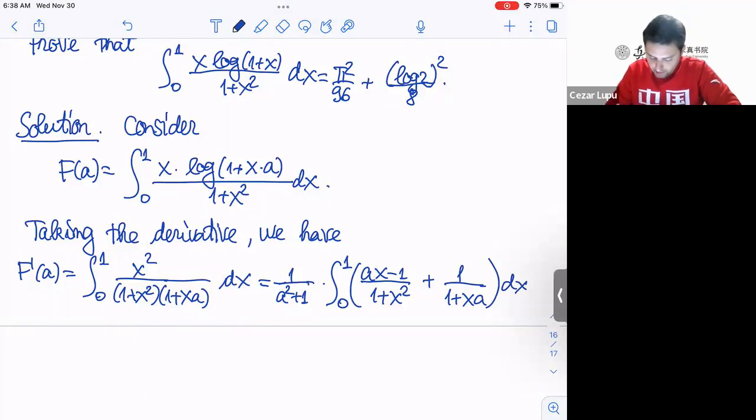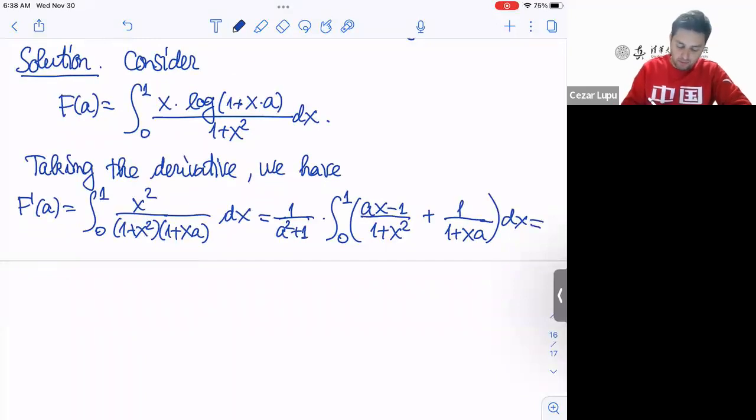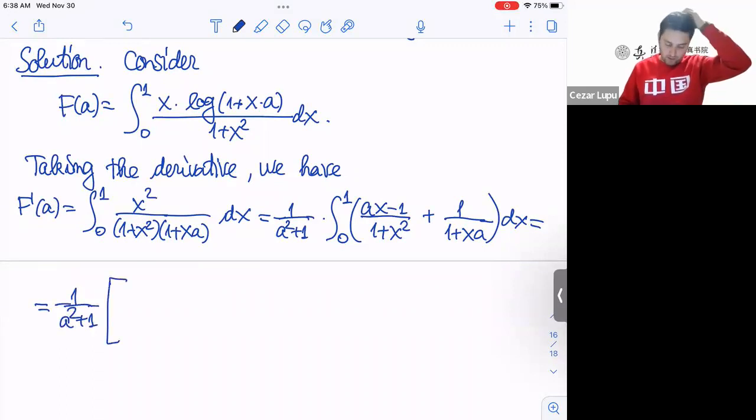As you can see, I did this very tricky stuff. Now at this point, this becomes pretty standard. So it will be 1 over a squared plus 1, and let's be careful here. We can actually compute these integrals.